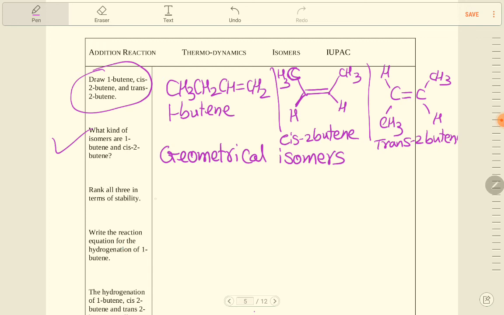So when you draw the structure, C double bond C, CH3, and this is a trans. As you can see, they are distributed, so this is more stable than the cis structure.